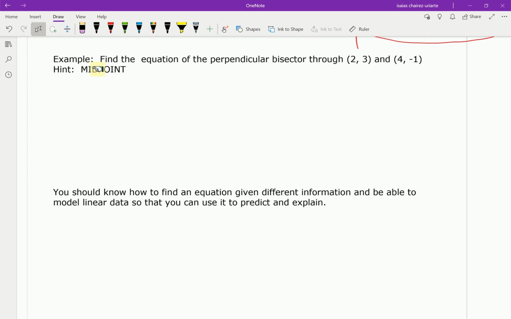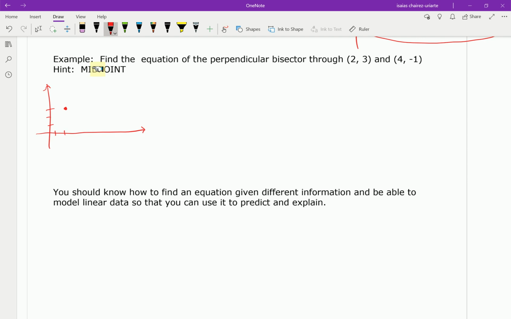Okay, I'm going to try to set this problem up. Let me first sketch what's going on here, so we get an idea. I'm just going to literally plot these points 2, 3 and 4, -1. 1, 2, 3.